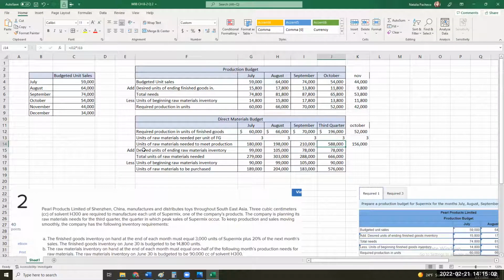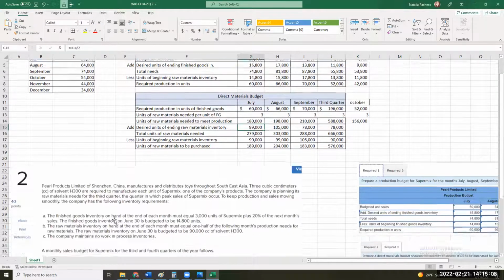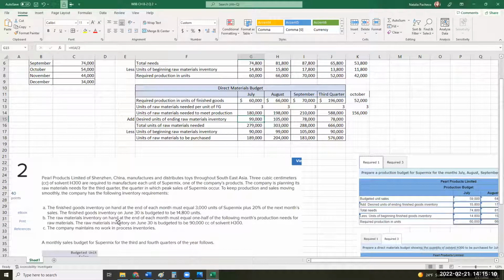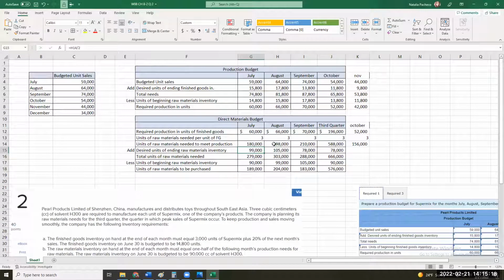Then you add the desired units of ending raw materials inventory. This one says right here that the raw materials inventory on hand at the end of each month must equal 1/2 of the following month's production needs. So you take the production needs of raw materials of August, because we're in July, divided by 2. Same for August.